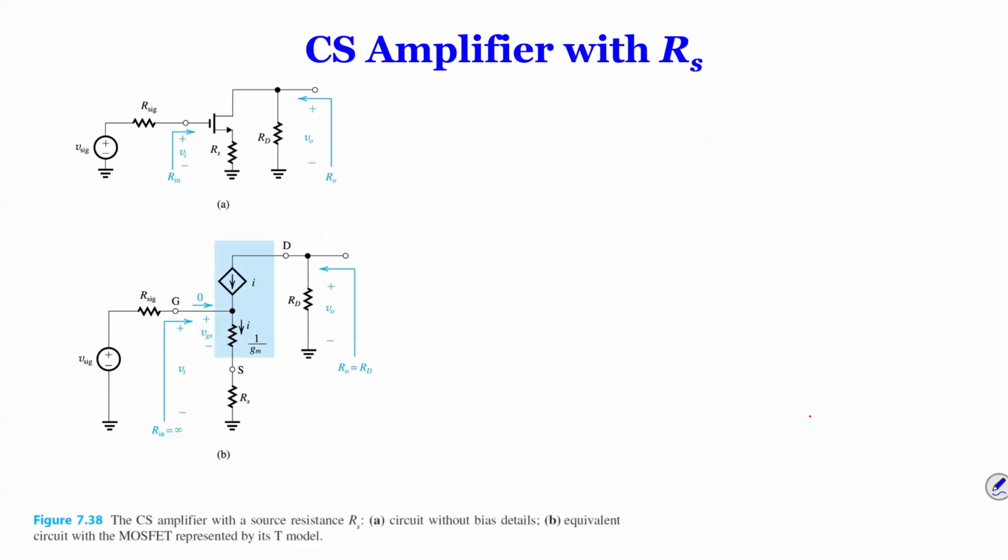Now we're going to get into common source, but with a resistance at the source. You might say, well, strictly, this is not a common source because the source is not grounded. There's RS, but instead of inventing another name for this, they simply call it common source with a resistance at the source.